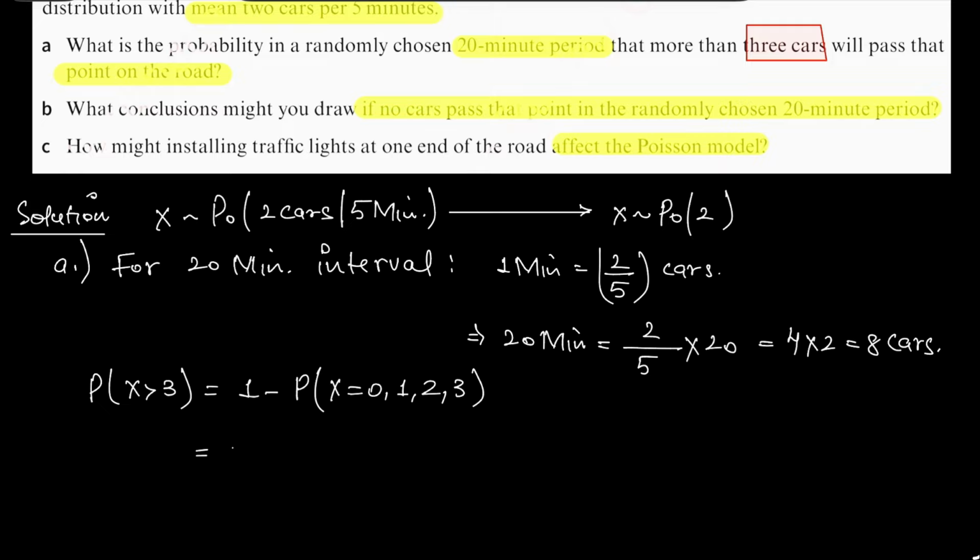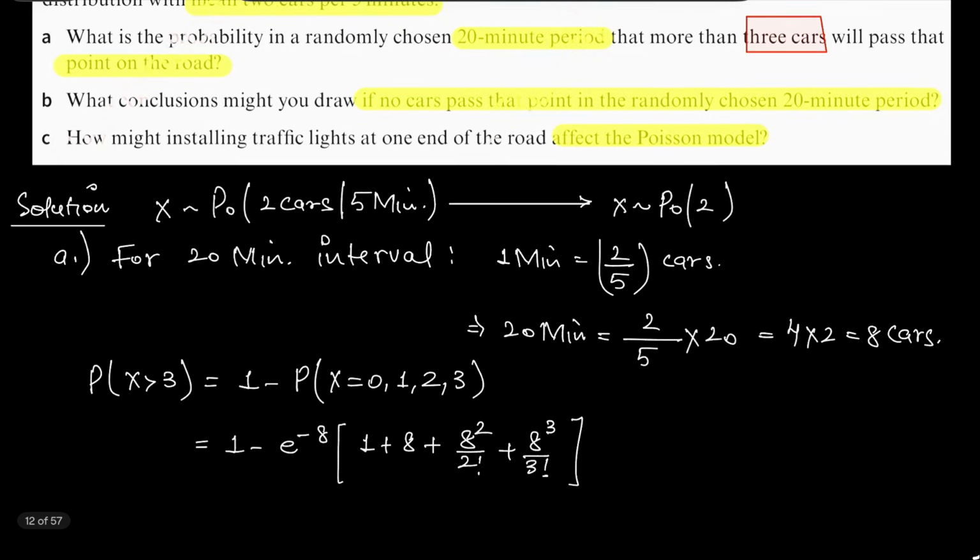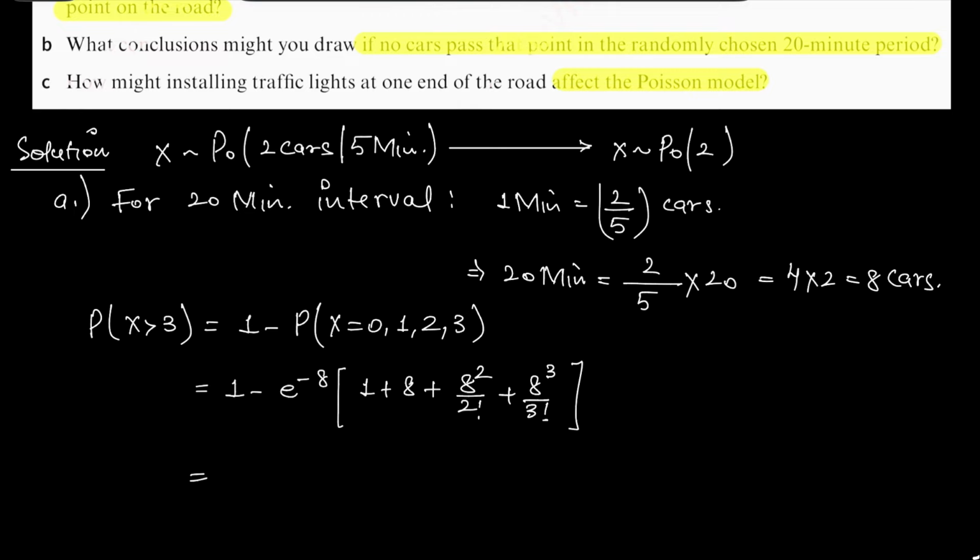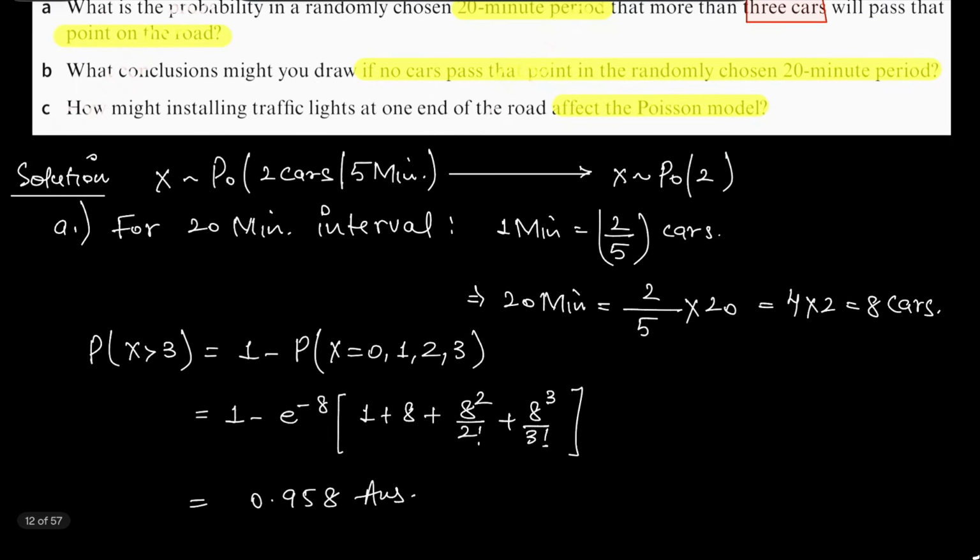I will write it as 1 minus e raised to the power minus 8, bracket, 1 plus 8 plus 8 raised to the power 2 over 2 factorial, and then 8 raised to the power 3 over 3 factorial, bracket close. When we calculate this, our final answer is going to be 0.958. So this is the final answer for part A of the given question.